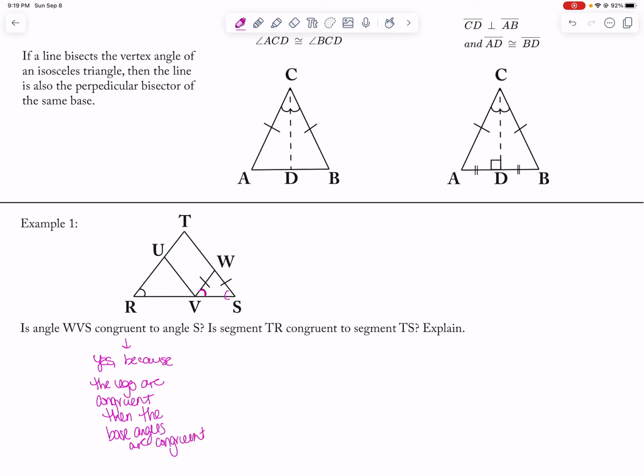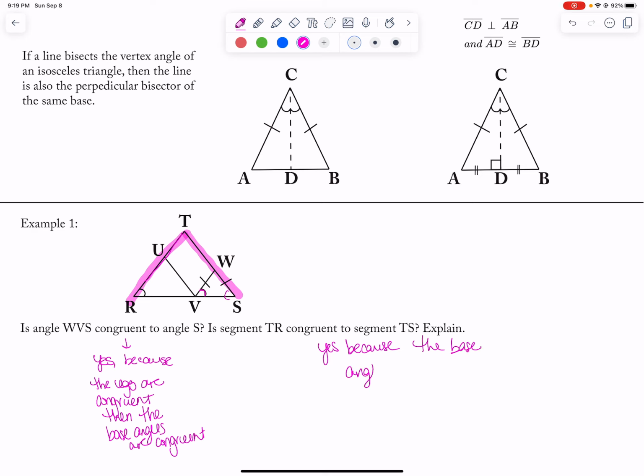Is TR congruent to TS? Yes, because the base angles are congruent. Because the base angles are congruent, then the legs are congruent.